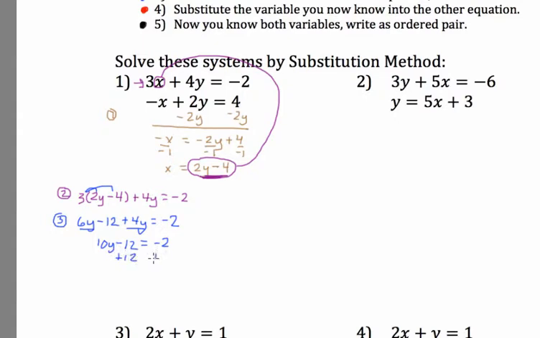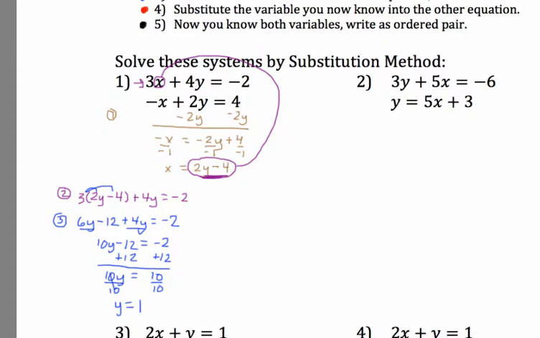And solve for y. If you need practice solving these, let me know and I will tell you where in the videos you can go to find more instructions on how to do this algebra in step 3.